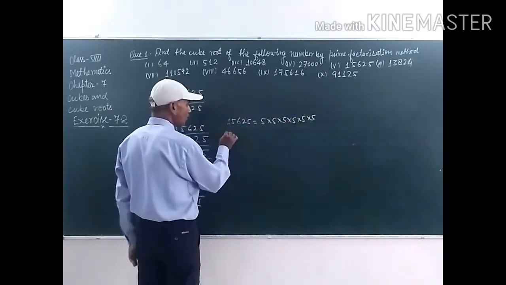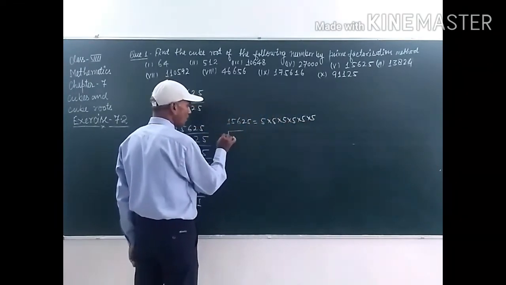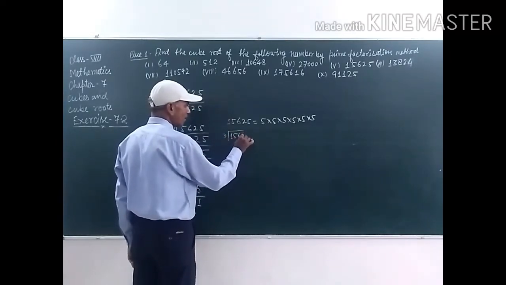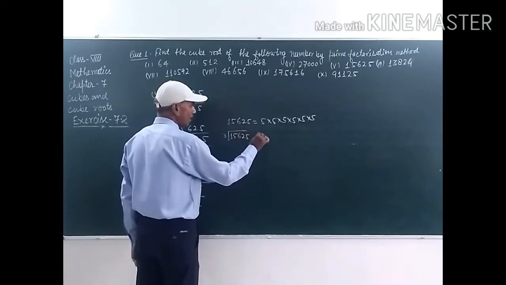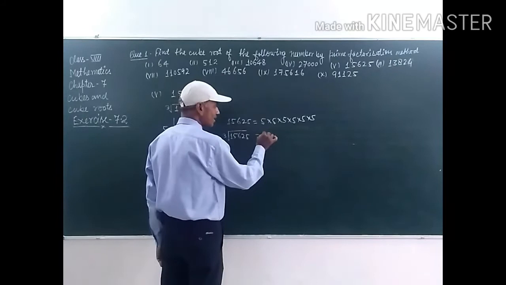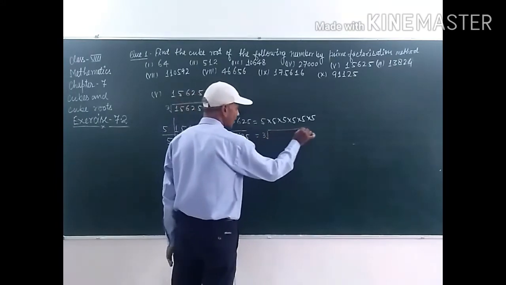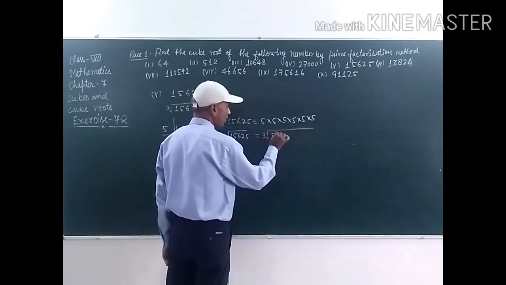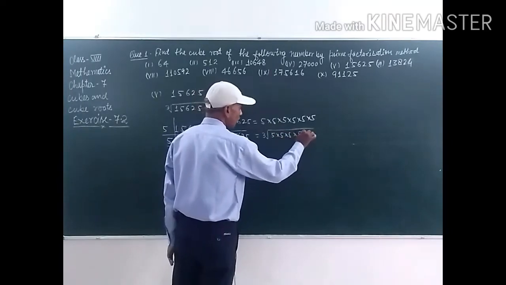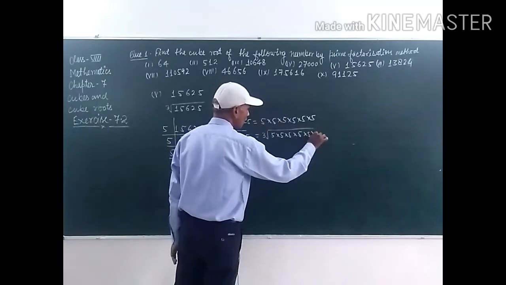Now we have to find out the cube root of 15,625. Then we have to write the cube root of the factors. So this one 5 into 5 into 5 into 5 into 5 into 5.